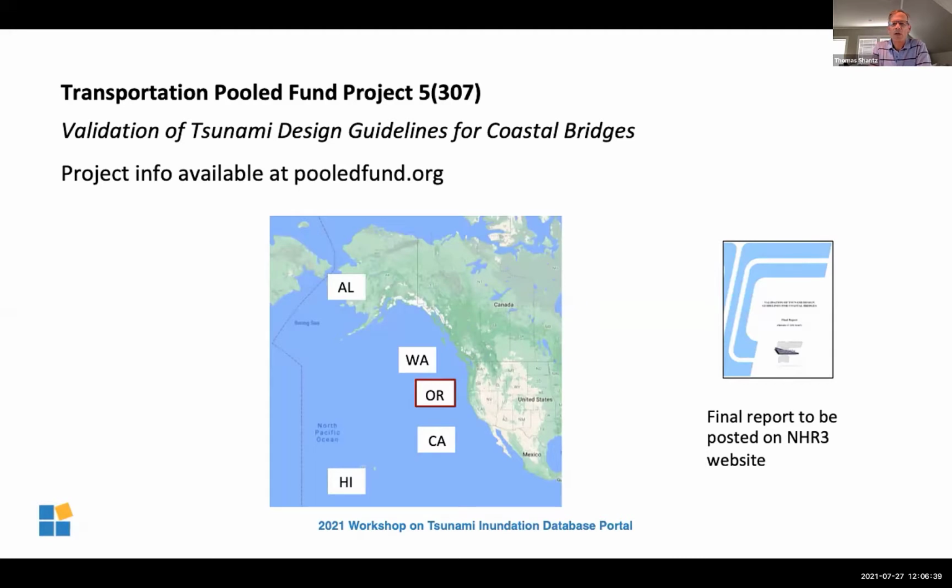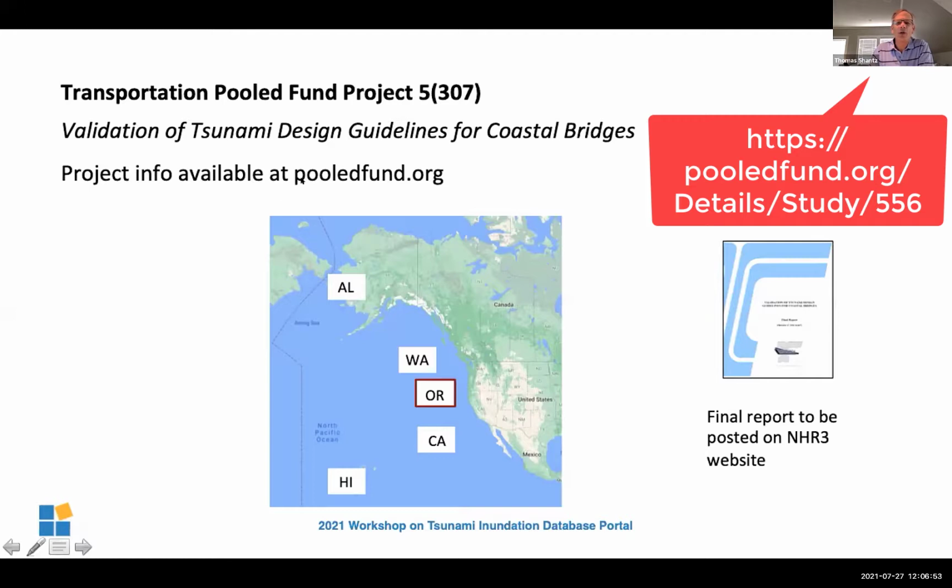That project started in 2015 and recently was completed. You can learn all you want about the project at pooledfund.org. If you search the 5307 number, all that information will come up. The final report is complete and it is posted there as well.